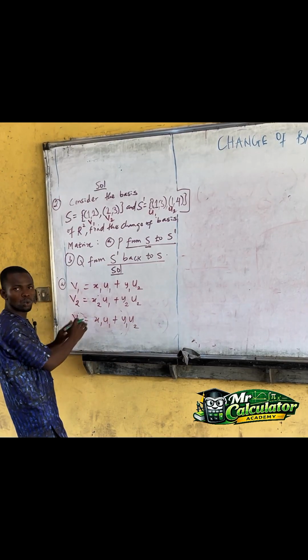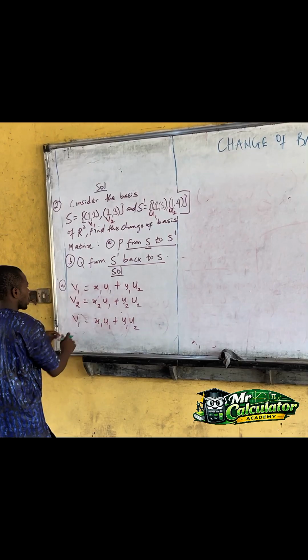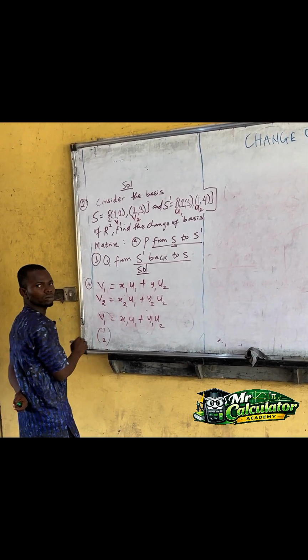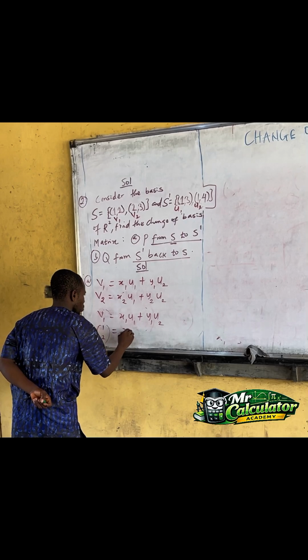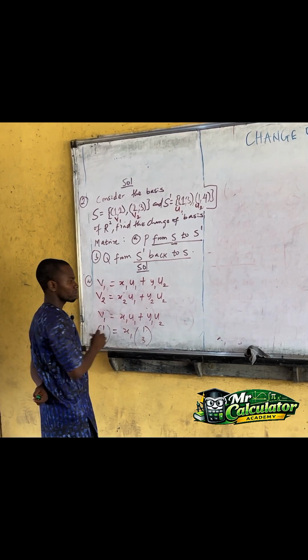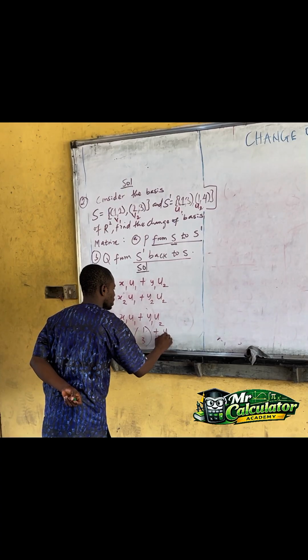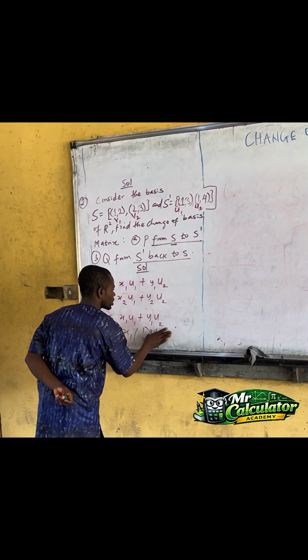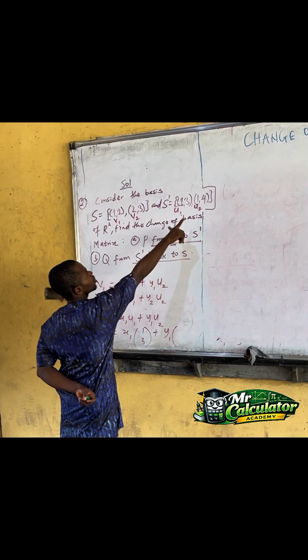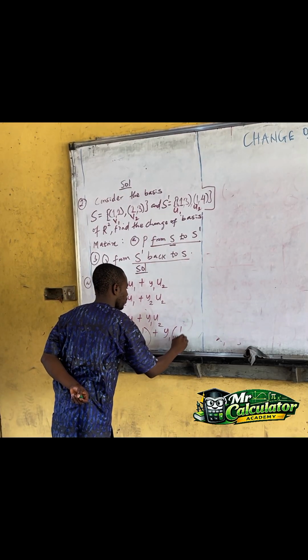Starting with V1, what is my V1? 1 and 2 in column, equal to X1 times U1, which is 1 and 3 in column, plus Y1 times U2, which is 1 and 4 in column.